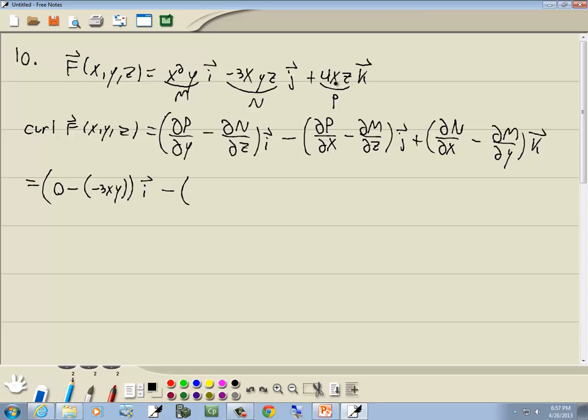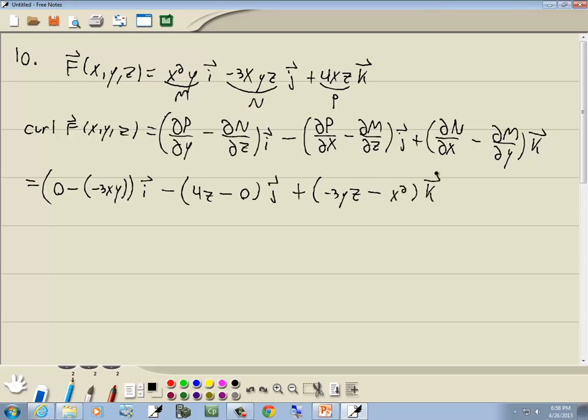Well, the derivative of x is 1, so that leaves us 4z. Minus partial of m with respect to z. There's no z there, so that's 0. j. Plus the partial of n with respect to x. That gives us negative 3yz. Minus partial of m with respect to y, which would give us x squared.